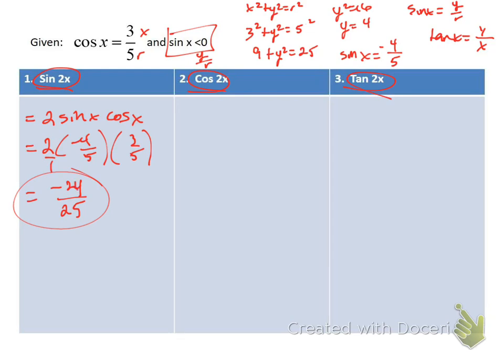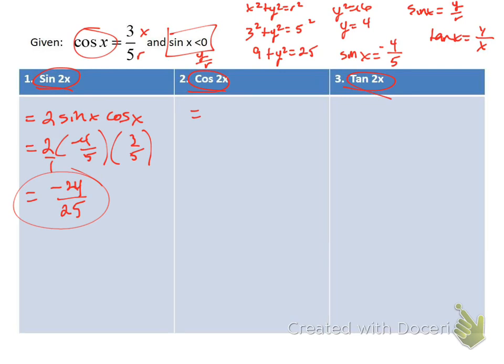Now, the double angle cosine. Now that we have sine and cosine both, it doesn't matter which formula we use. But before we went and found sine, if we had just known cosine, there was one formula that we would have needed to use. But since we have both of them, we can use whatever we want.